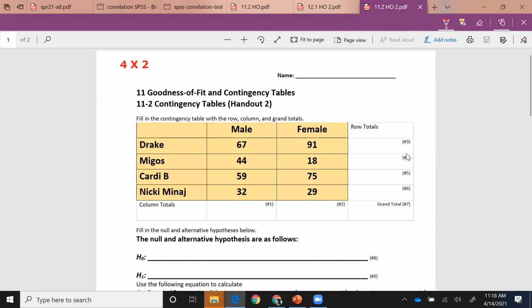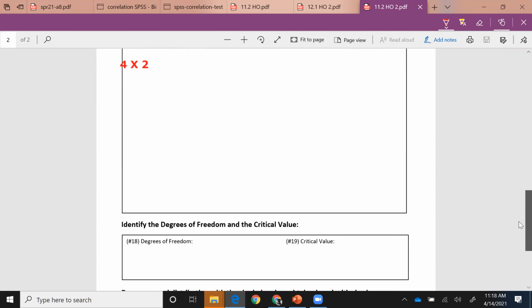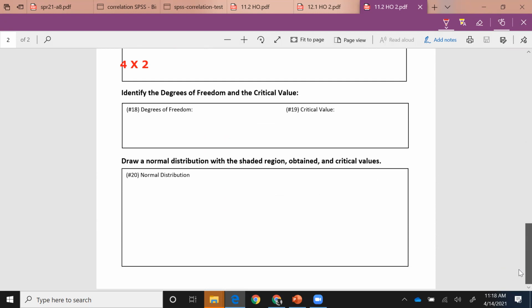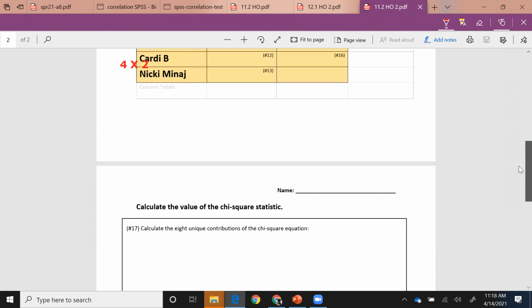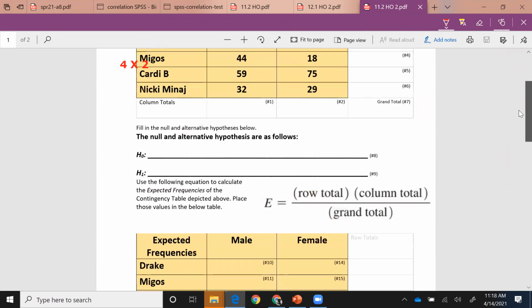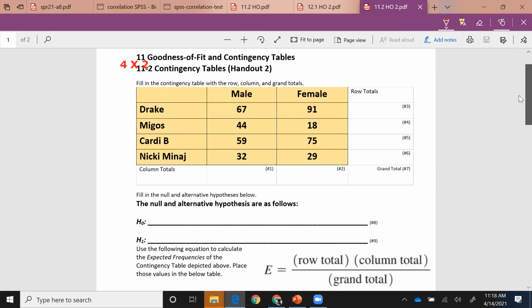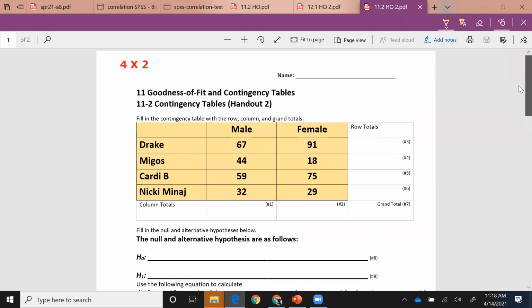All of these aspects numbered 1 through 20 are reasonable things you can expect to have to answer when you're taking the quiz for handout quiz 2. This is handout 2. Let me just say it again. Handout 2. And of course, there's a handout quiz as well.